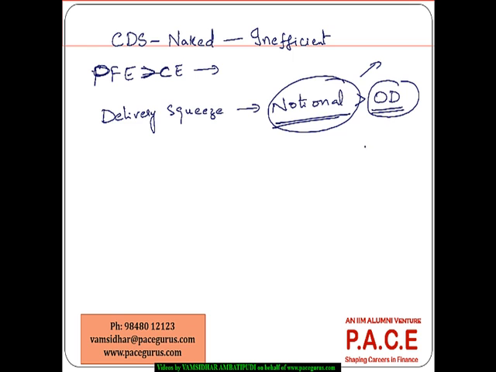The bond price is going to increase, because there is a lack of supply of that particular bond. I have to deliver much higher. So there is a lack of supply that will push up the bond price. And once the bond price is going up, the value of the CDS is going to fall even further.